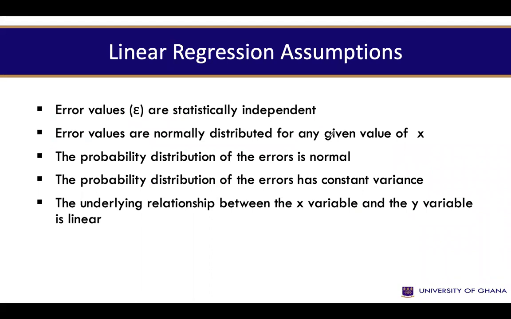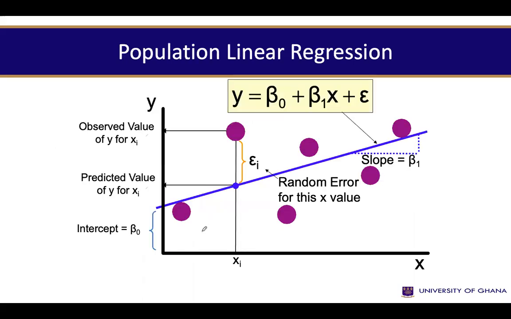Your error values are normally distributed; the probability distribution of errors is also normal. The probability distribution of the error has a constant variance. And then the underlying relationship between x and y is linear. And yes, we are typically going to deal with a linear regression. So the last assumption is a very important assumption for us.